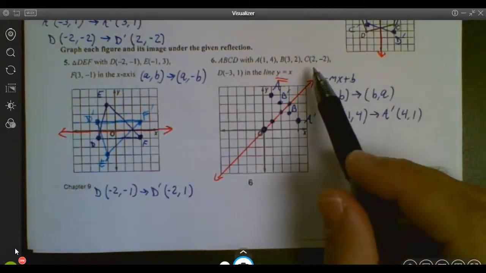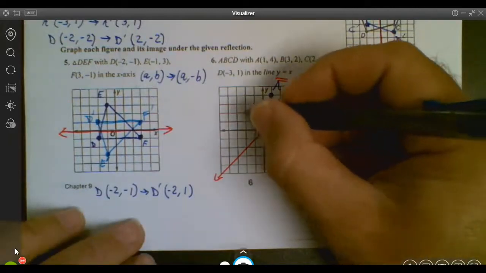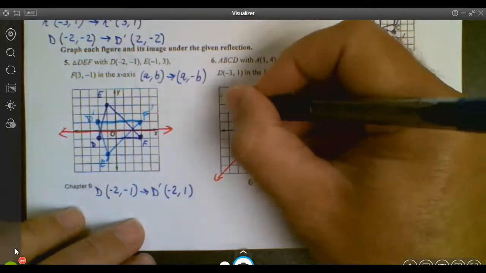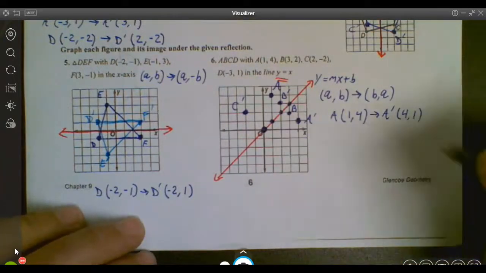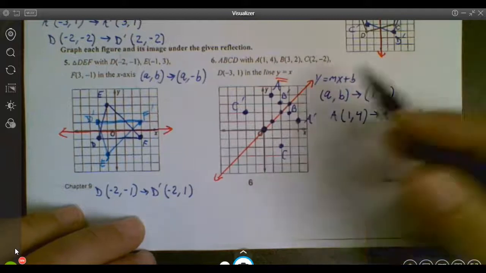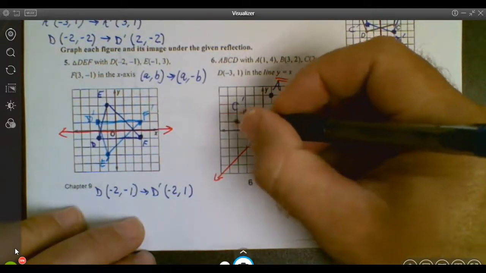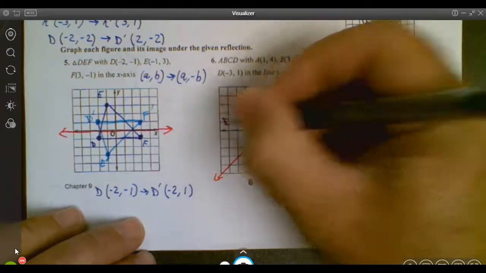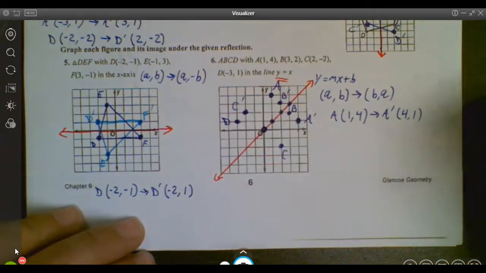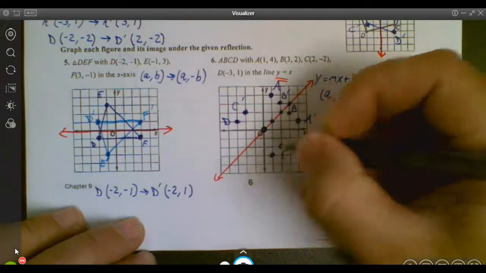If they trade places, it would become (negative 2, 2). So here is C prime. The original C was (2, negative 2). And let's do the same thing with D. (Negative 3, 1) is the pre-image. So the image would be (1, negative 3) if they trade places.